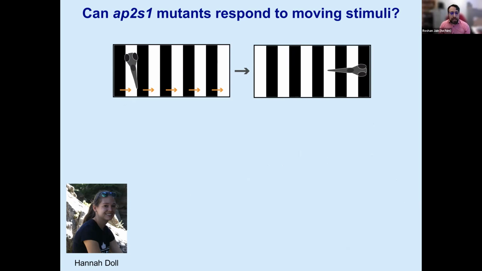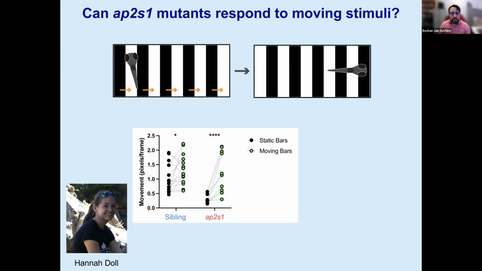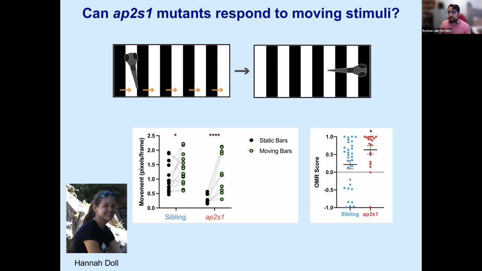And so what Hannah found is that when we look at the wild type and mutant fish between static and moving bars, we find that they can indeed detect that the bars are moving. Those fish will increase their movement when those bars start moving, showing that they're detecting those moving bars. And then when she looked to see, are they interpreting them properly? Are they swimming in the right direction? They seem to be doing that just fine.